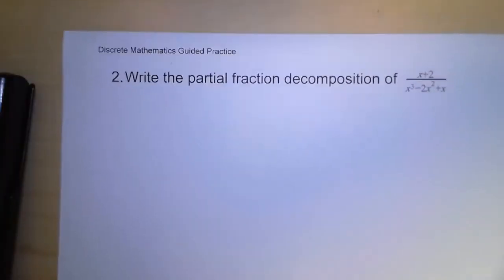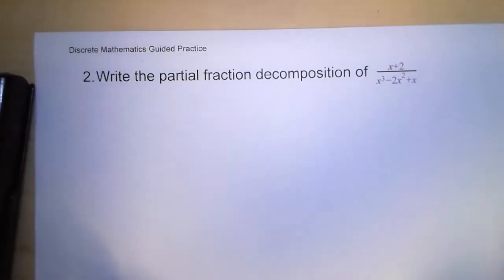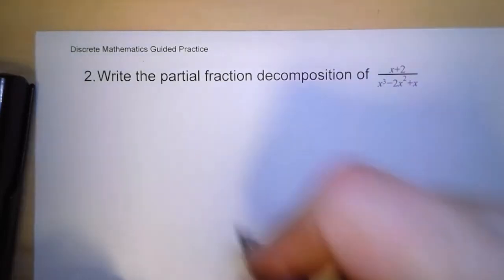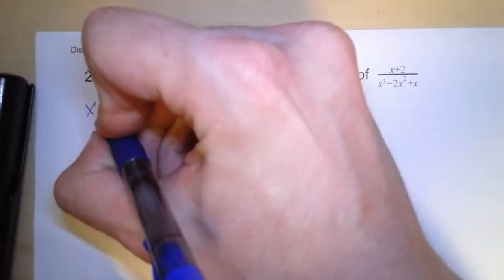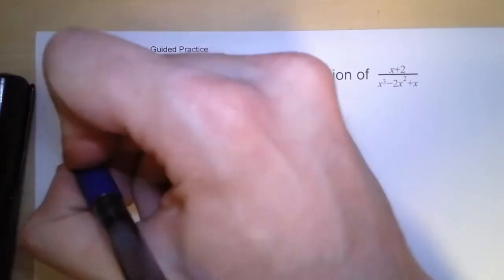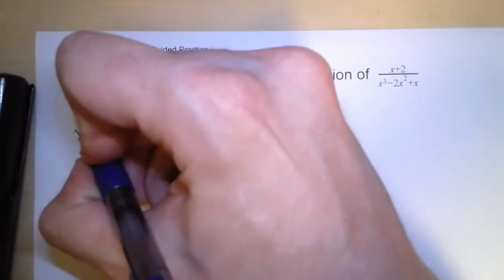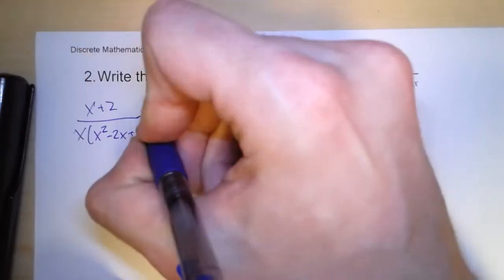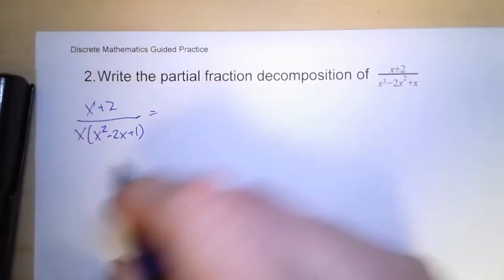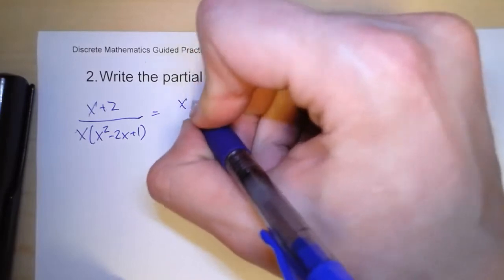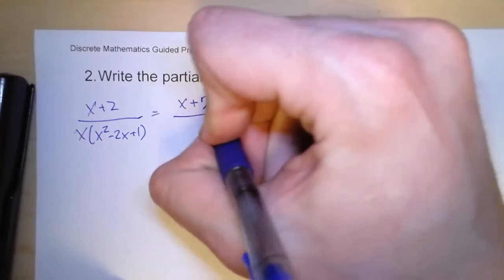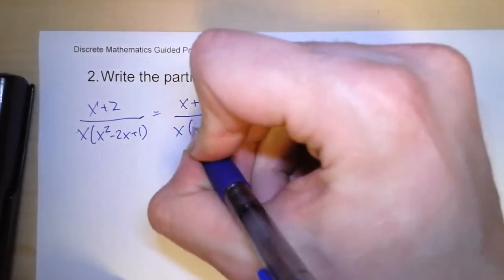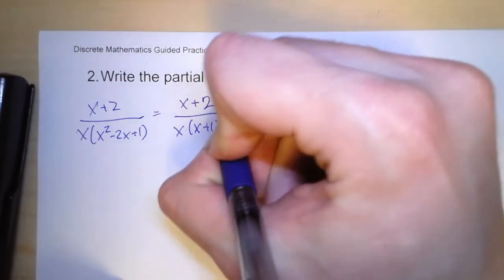Now with this one, we first have to factor it in order to write the decomposition. So it's going to be x plus 2 all over, and we can factor an x out. So we're left with x squared minus 2x plus 1. And so this will factor into (x plus 1) times (x plus 1), which is just (x plus 1) squared.